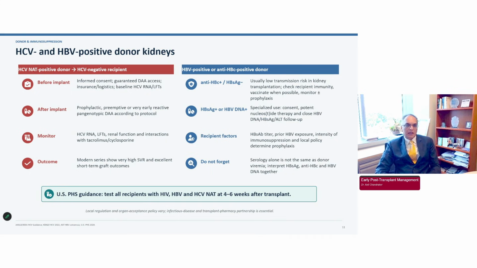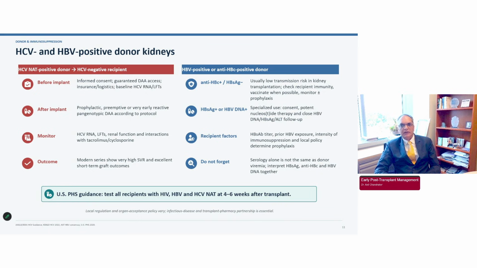The patient should be monitored carefully with HCV RNA, LFTs, and renal function, and modern series show a very high degree of response to antiviral therapy, and short-term outcomes have been excellent. With hepatitis B, many centers won't use hepatitis B kidneys unless there's really a special situation.